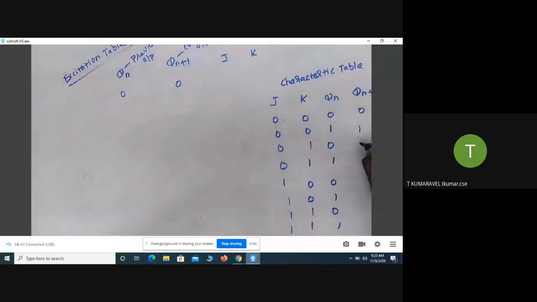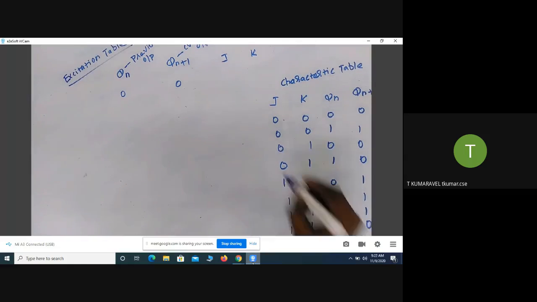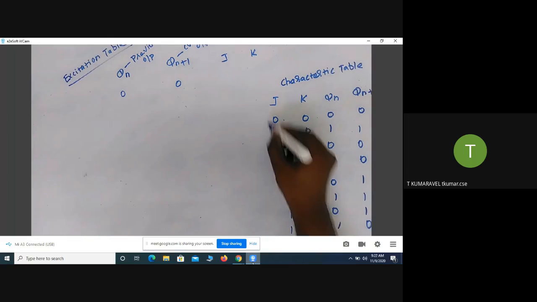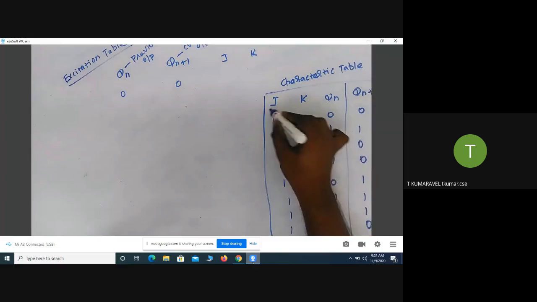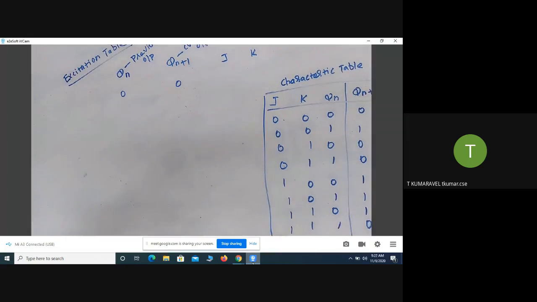Already we have seen that. First I'm going to write the table: 0 1, 0 0, 1 1, 1 0. In order to fill up that excitation table, you need the characteristic table. This is the table.